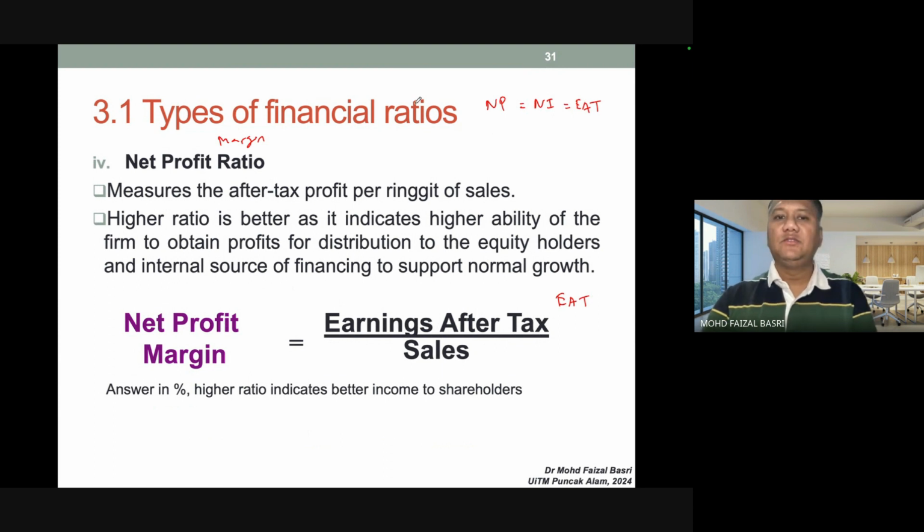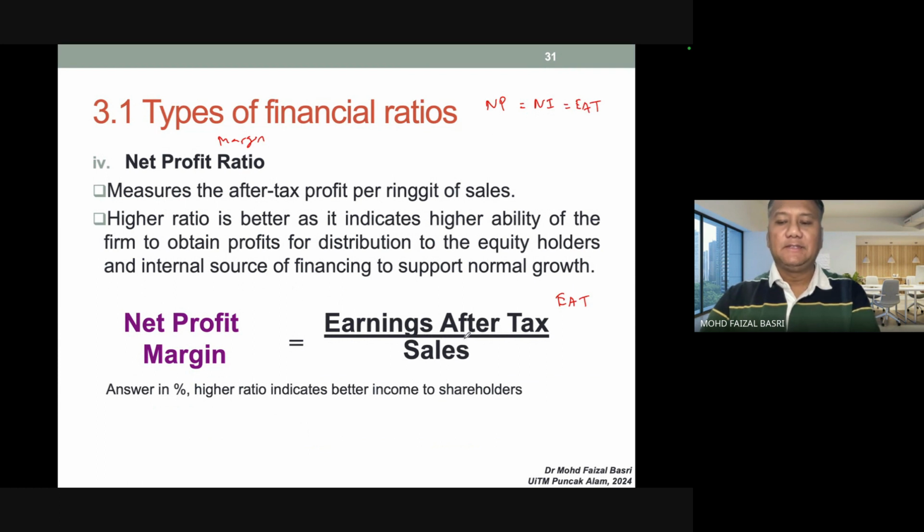So the terminology can be used interchangeably. Some books and references use net profit, some use net income, some use earnings after tax. All refer to the same thing: profit after tax. That's why earnings after tax. Net profit is after deducting all the expenses including tax. Same as net income.